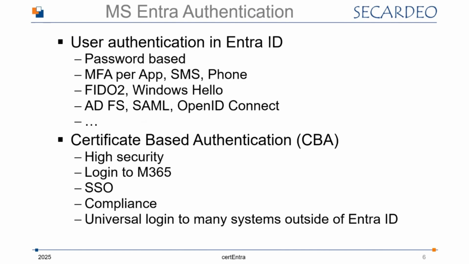It provides very high security. You can use it for login to M365. It offers single sign-on, and it helps to fulfill compliance requirements. Furthermore, it cannot only be used in Azure and Entra ID, it can be used as a universal login mechanism to many systems outside of Entra ID and outside of Azure.